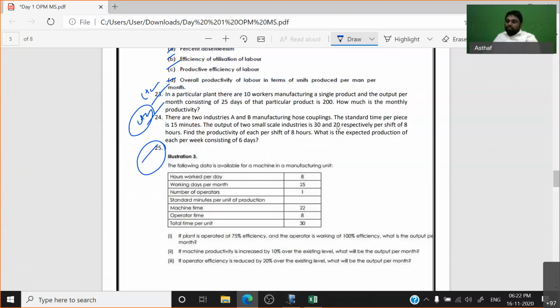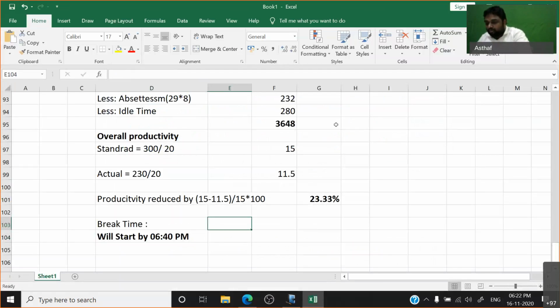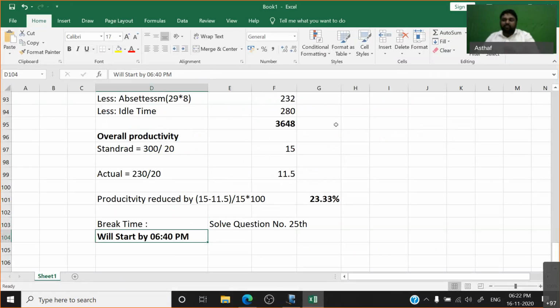So we will start by 6:40 with discussing the answer for 25 and a new area we will start. Hope you are ready. I am also ready for you. Come on, start.